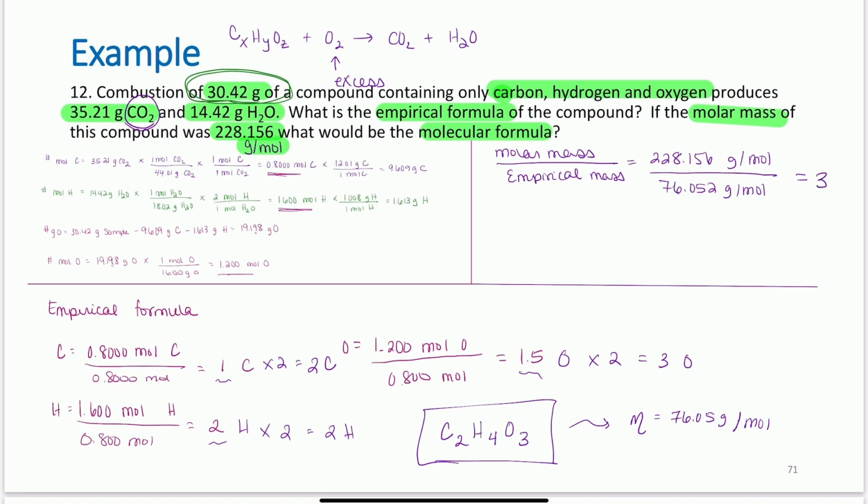This gives me 3. This means that my molecular formula is 3 times that of my empirical formula. So C6H12O9. This is my empirical formula. This is my molecular formula.